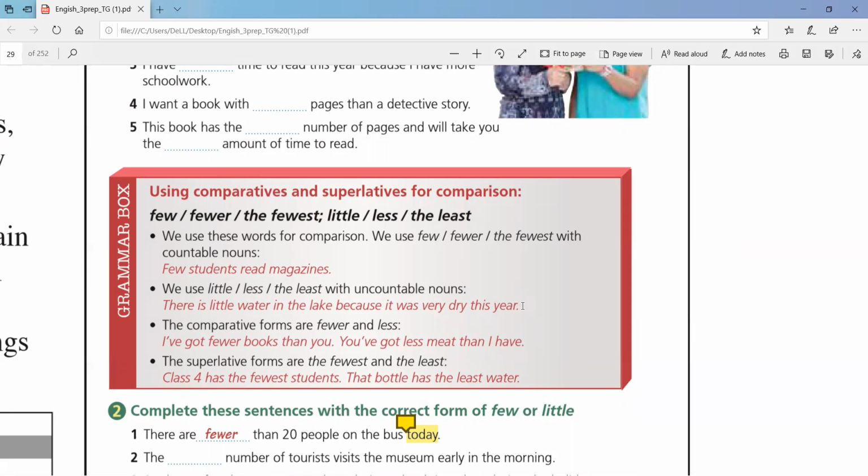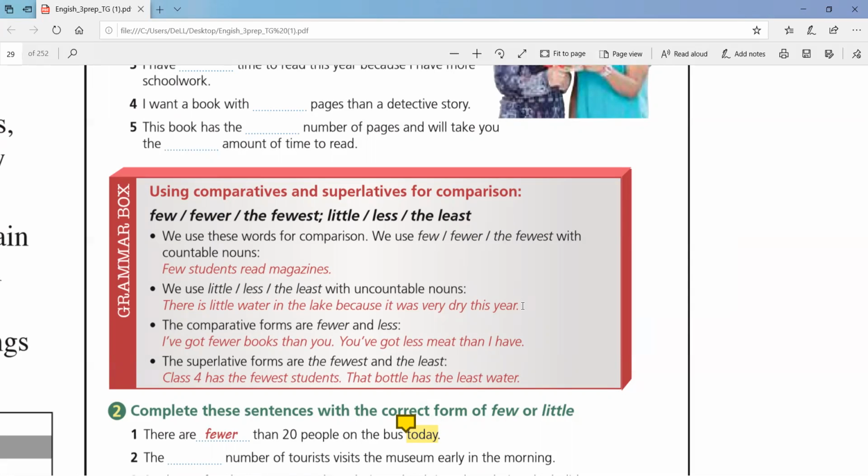For example, class 4A has fewer students than class 4B, but class 4C has the fewest number of students, or has the fewest students. So we use these words for comparison.